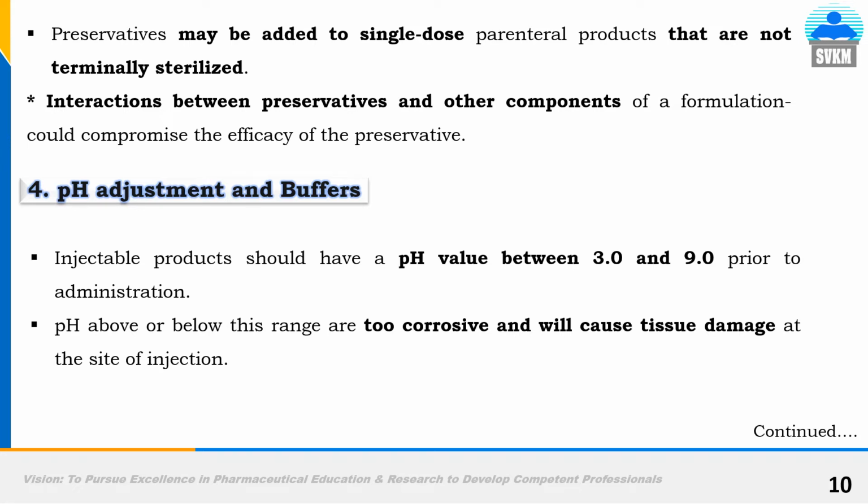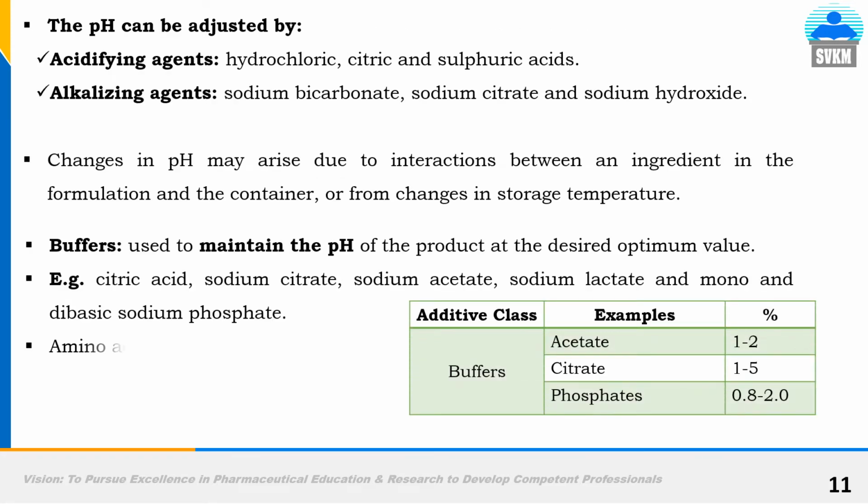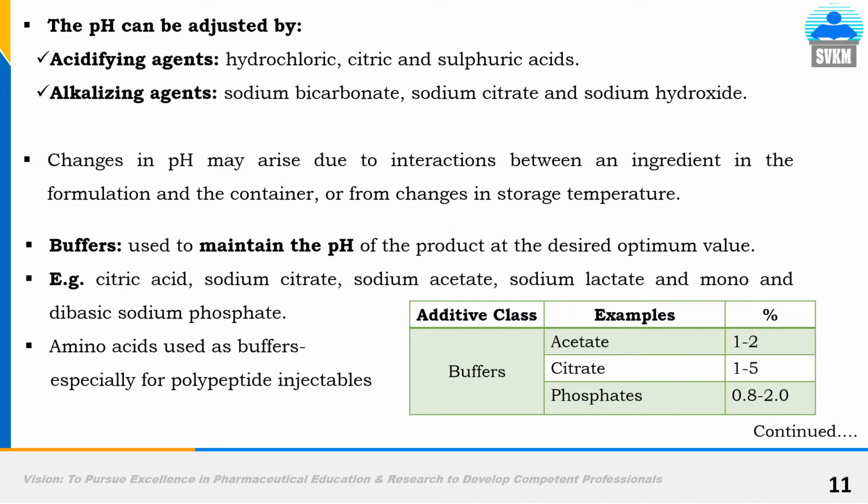Injectable products should have a pH value between 3 and 9 prior to administration. pH above or below this range is too corrosive and may cause tissue damage at the site of injection. pH can be adjusted by utilizing acidifying agents like hydrochloric, citric and sulfuric acids, and alkalizing agents like sodium bicarbonate, sodium citrate and sodium hydroxide.